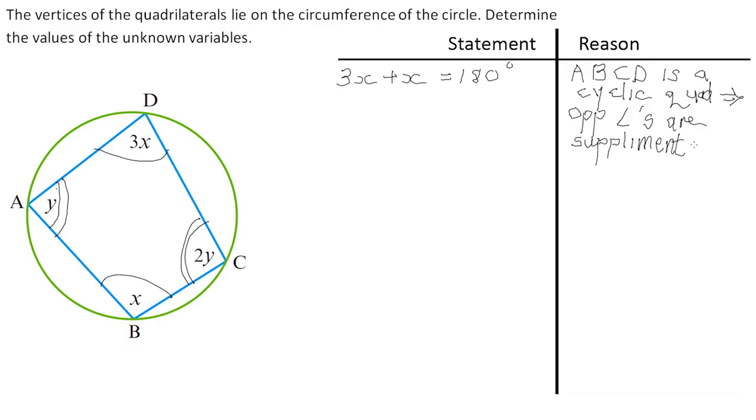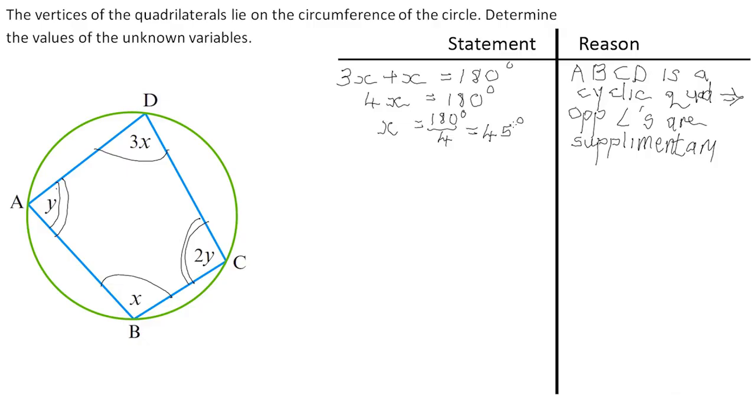Supplementary means it adds up to 180. Obviously, this is a norm. Now it's an algebra problem. 3x plus 1x gives you 4x. And that is equal to 180 degrees. Therefore, x is equal to 180 degrees over 4, and that is equal to 45 degrees. Now we've solved the first variable.